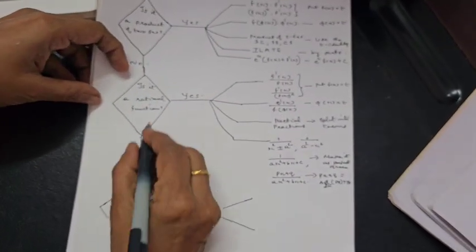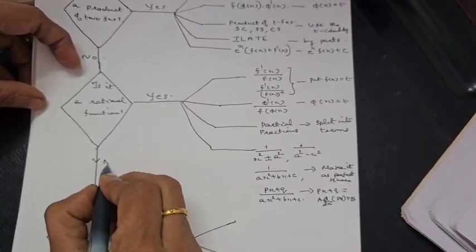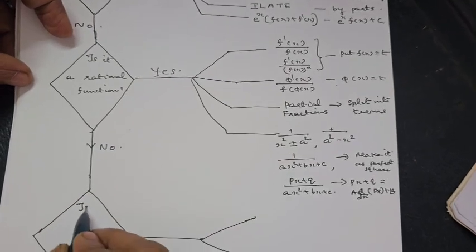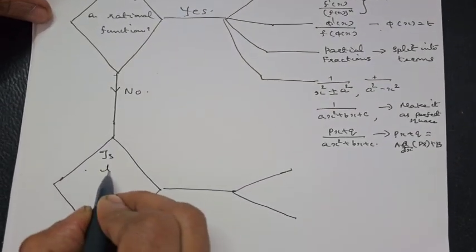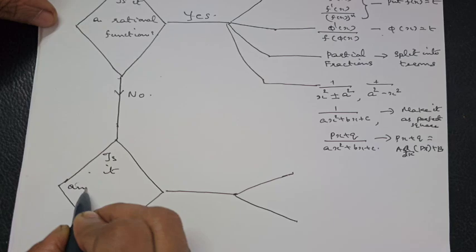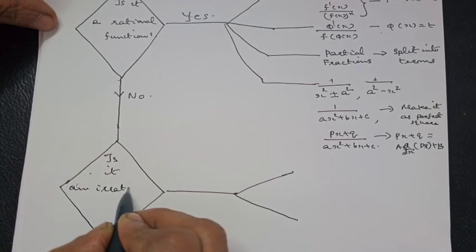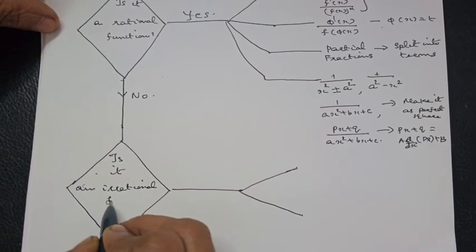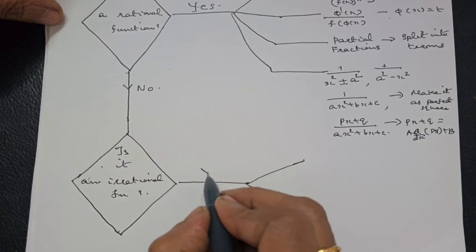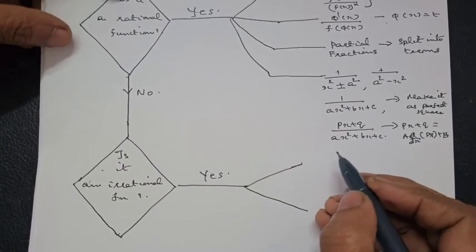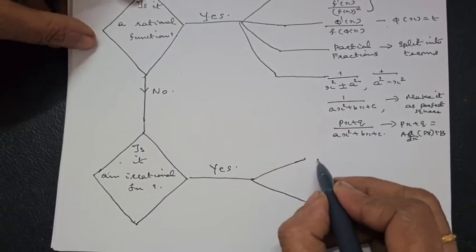Otherwise, if it is not a rational function, the next question is: is it an irrational function? If yes, there are 2 possibilities.